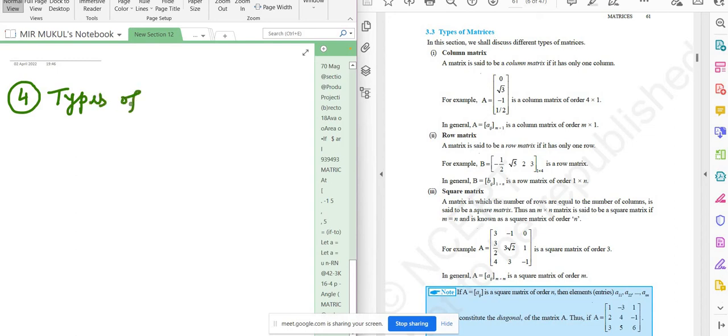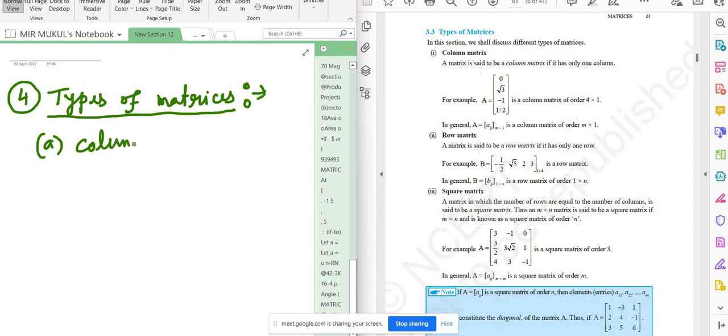Types of matrices. So first is the column matrix. Column matrix: a matrix having only one column.